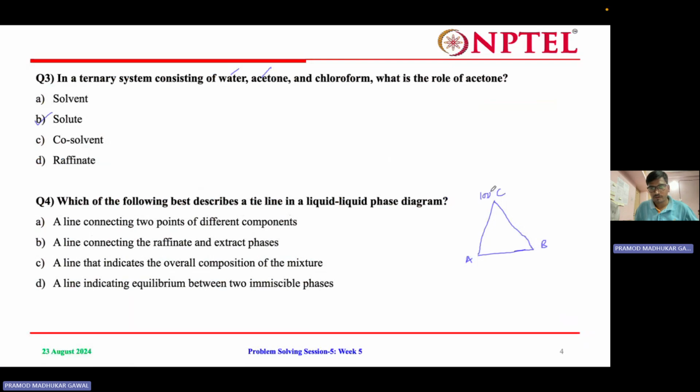Here is 100% C, 100% A, and 100% B, right? This side denotes the percentage of C, this denotes the percentage of B, and this denotes the percentage of A. This is the binodal curve. And here is a tie line.